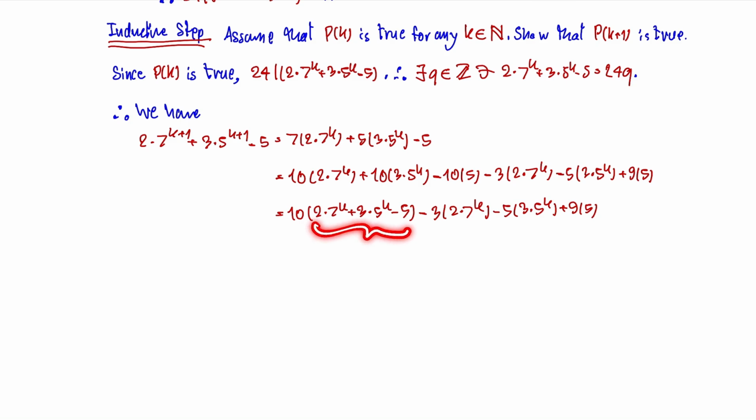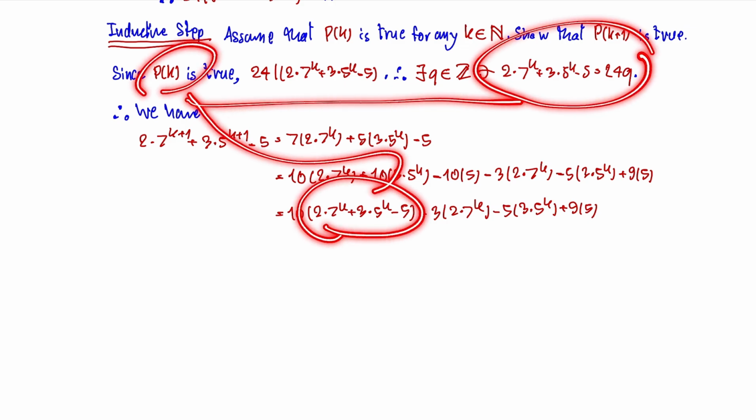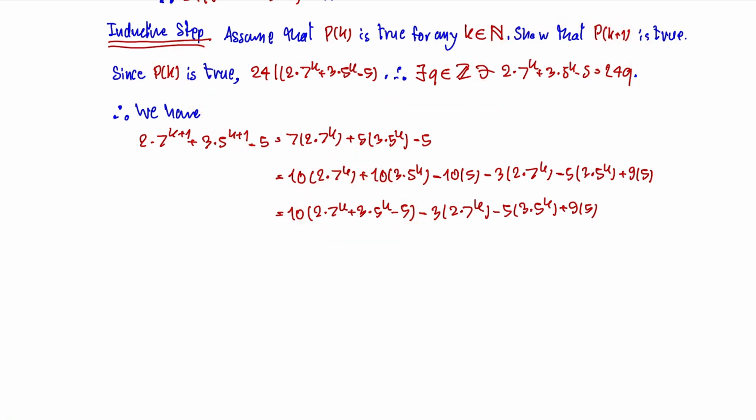And what about this one? This one right here, according to P of k, which is true, is going to be a multiple of 24. So we're going to have 10 times 24q.